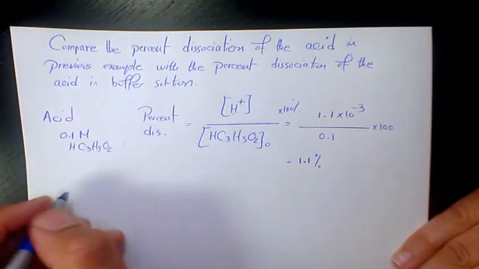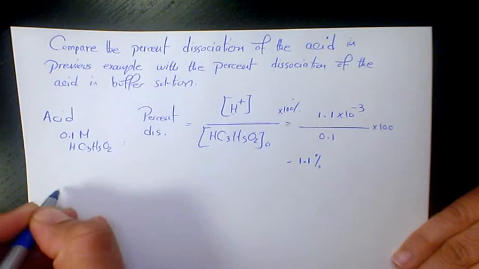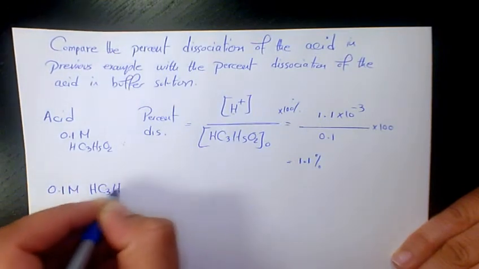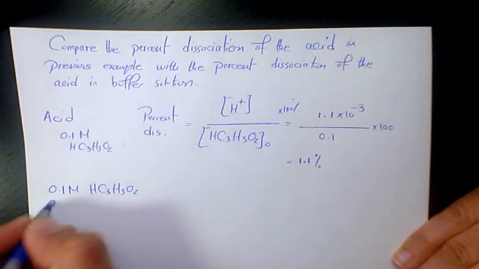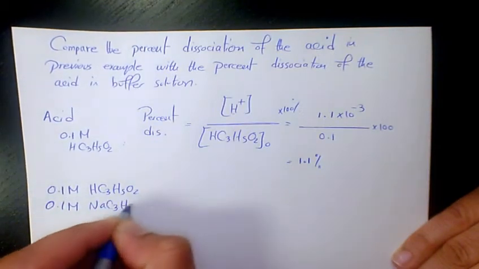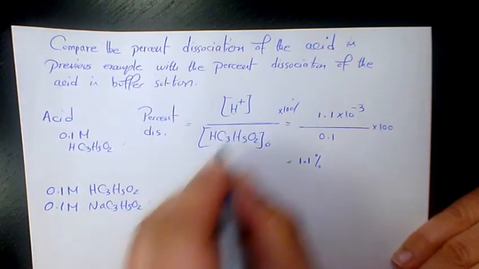Now let's check the percent dissociation of the acid in the buffer solution, in which we have 0.1 molar of the acid and 0.1 molar of the base. The formula is going to be exactly the same.